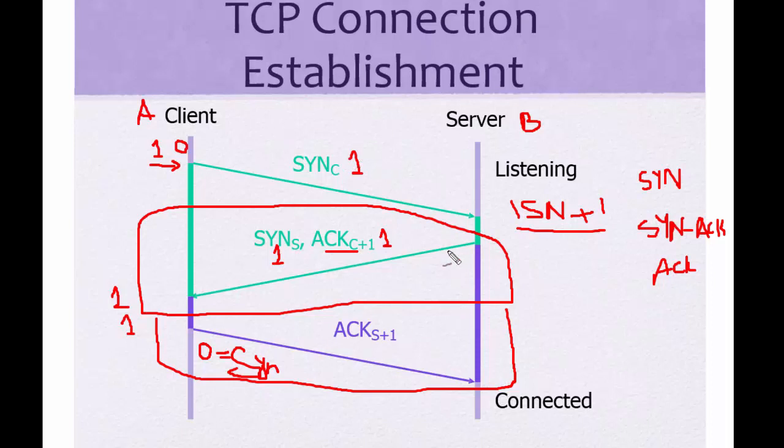This is the three-way handshake, and if you have any question you can ask me and inshallah I will answer it. After this three-way handshake, the connection is open and the participant computers start sending data using the sequence and acknowledgement numbers.